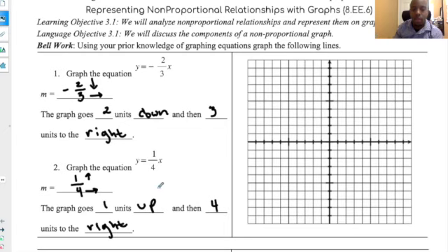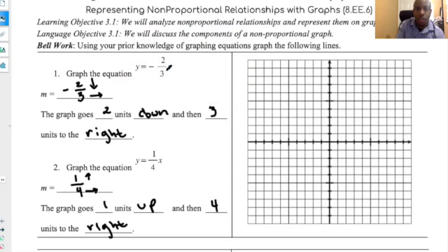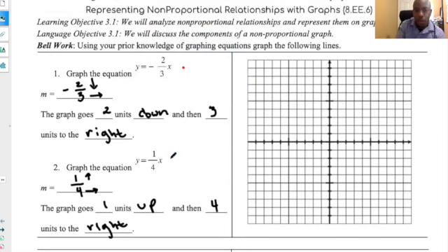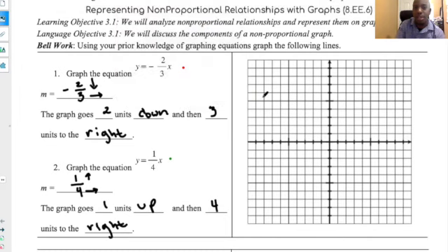Now, for you to be able to differentiate between these two equations, I'm going to graph them different colors. The first one, I'm going to graph red. The second one here, I'm going to graph green. Right now on your paper, you won't have these colors, but you want to make sure you're very precise, and you also label as I'm going to show you as well.